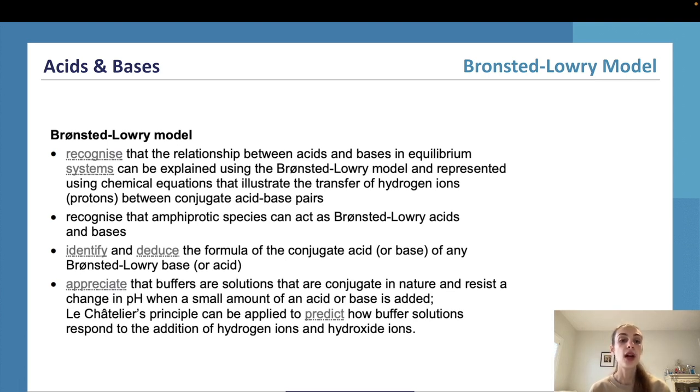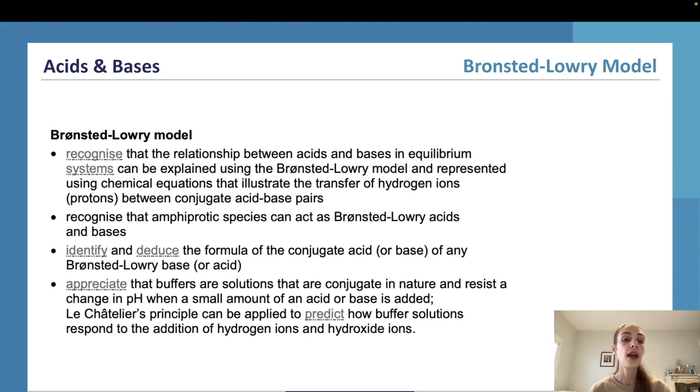We also need to recognize that amphiprotic species can act as Bronsted-Lowry acids and bases. So amphiprotic meaning that it can either act as an acid or a base because it can be a hydrogen donator or a hydrogen acceptor. So for example, like water.